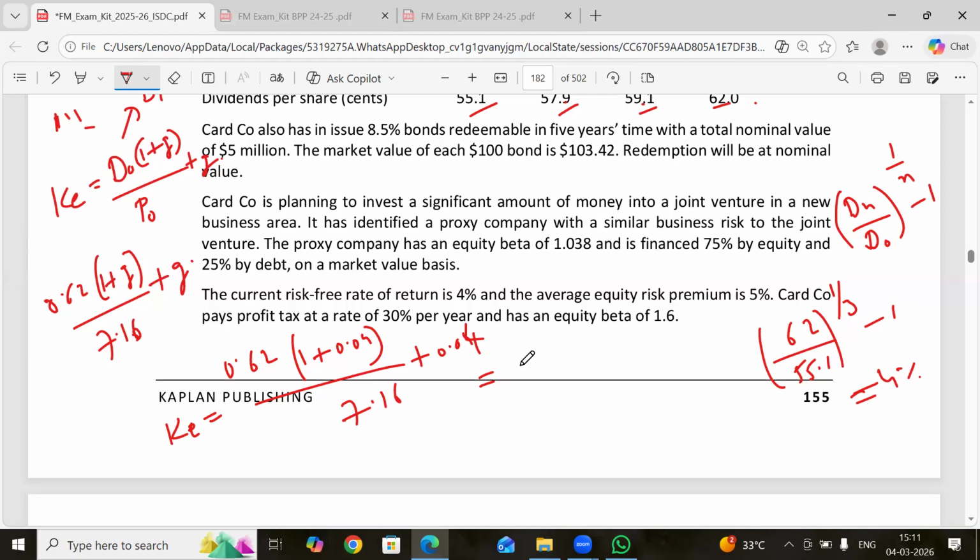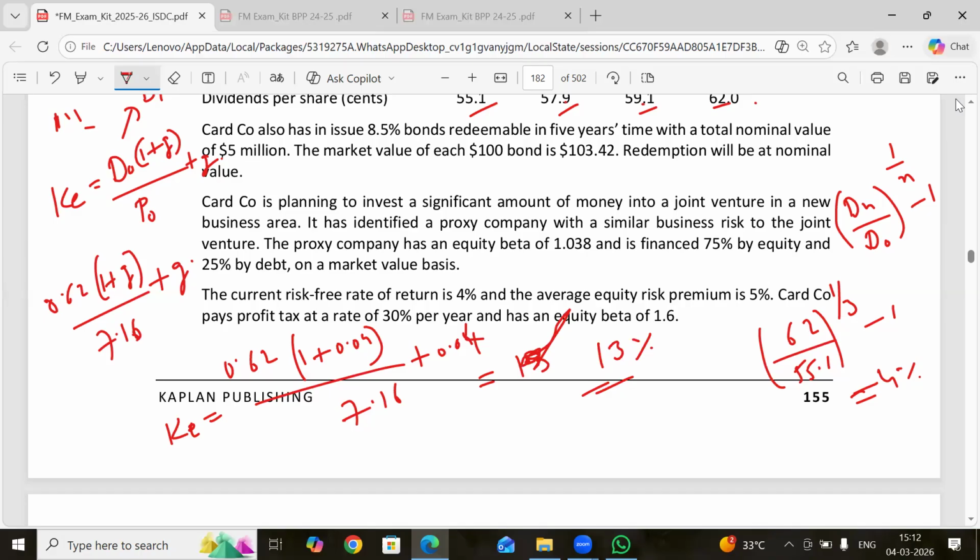Please have a look through and check your answers. It is 13%. Everyone got this? Shall we move forward?